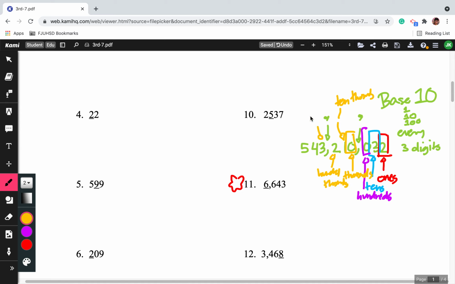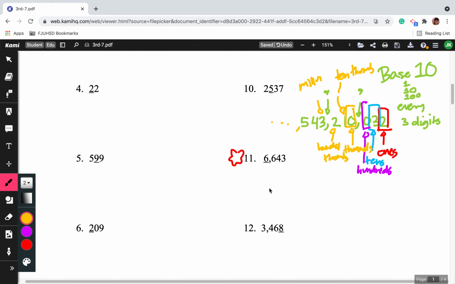And then it's going to go to millions. And then so on. 10 millions, 100 millions, and then billions, and then 10 billions, 100 billions. Okay. But that's not important right now. The probably highest number you're going to go to is going to be the thousands area.